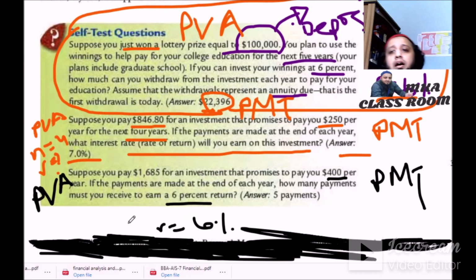So now we have to find out how many payments, that means what would be the number N.